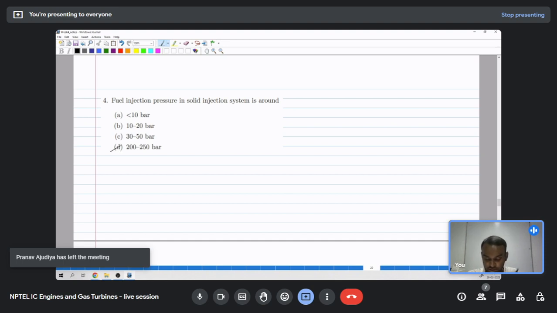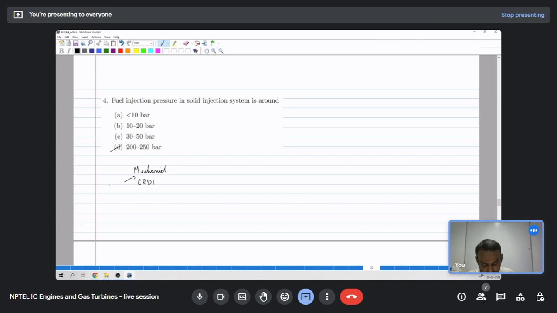You can choose 200 to 250 bar as an answer, but generally, there are different injection systems for the solid category. We have mechanical injection system, and we have CRDI, common rail direct injection, and there were some different injection systems like unit injection systems in between, which came between the mechanical and the CRDI. In case of mechanical injection system, there is something called nozzle opening pressure.